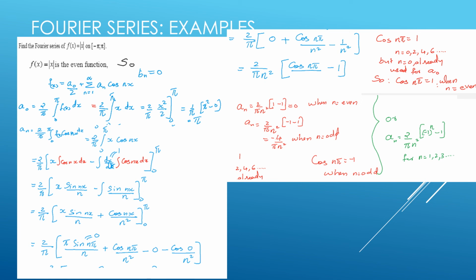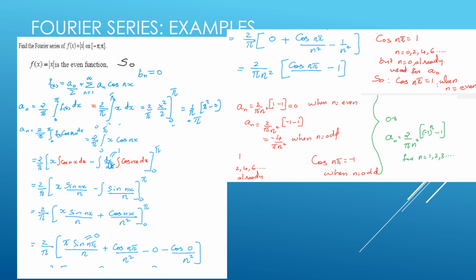Again the product rule: first function into integral of second, minus integral of differential of first into integral of second. x into differential sin nx by n, minus first, dx by dx is 1, integral of cos nx is sin nx by n. So then 2 by pi, x sin nx by n minus cos nx by n square, 0 to pi.